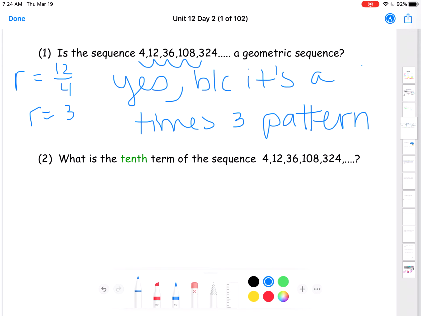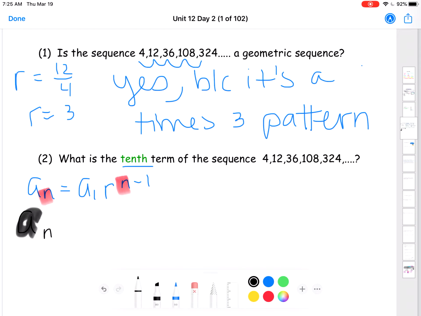If I wanted you to find the 10th term, we would just use the explicit formula that I just showed you on the previous page. And I want to find the 10th term, so I would just replace the n's with 10s.